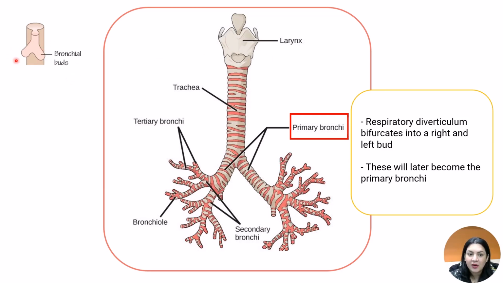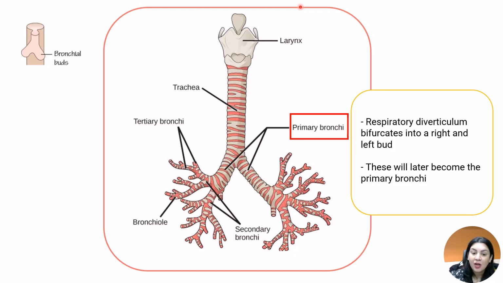It's still small up here in the top left. These bronchial buds represent the very initial stages of what will eventually become the right and left primary bronchi, which of course are the foundational components of the respiratory system.